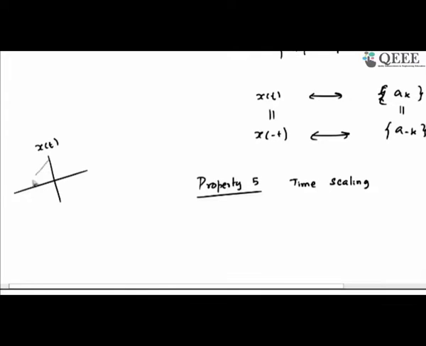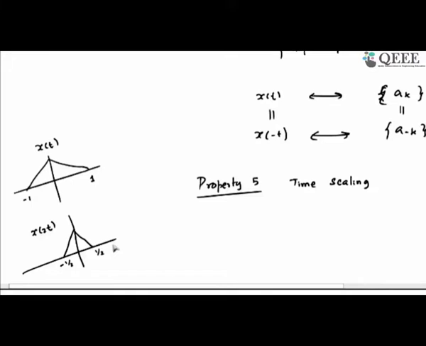Let us say for instance x of t starts from minus 1 to plus 1. Now x of 2t is nothing but the same function, but it is compressed now. So minus 1 by 2 to plus 1 by 2.